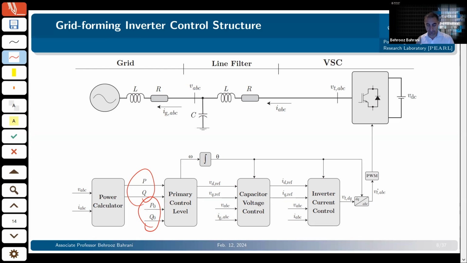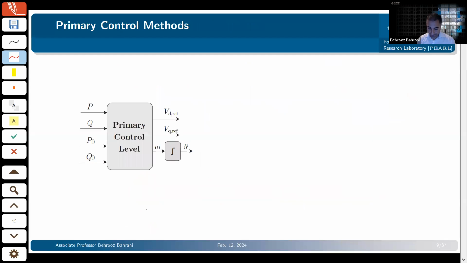Typically, a governor or an AVR can be responsible for providing this P0 and Q0, but we're not really focused on these control layers for this presentation. We are mainly looking into this structure, and we want to understand what happens to this structure when we are subjecting our grid forming inverter to a fault or different transients in a power system.